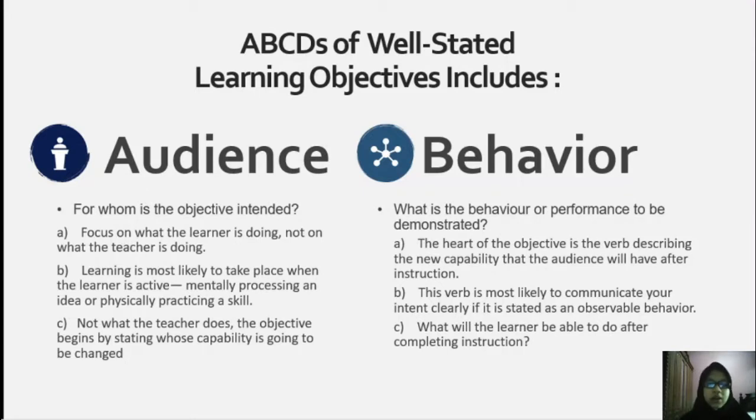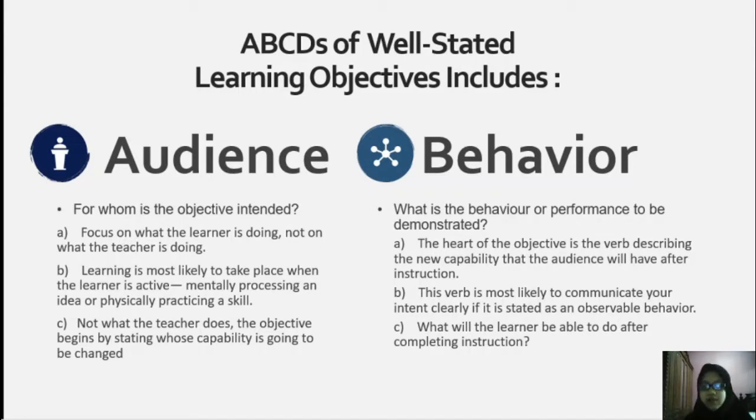So the audience focuses on what the learner is doing, not on what the teacher is doing. Learning is most likely to take place when the learner is active, mentally processing an idea or physically practicing a skill. Audience is not what the teacher does. The objective begins by stating whose capability is going to be changed, which is the students.